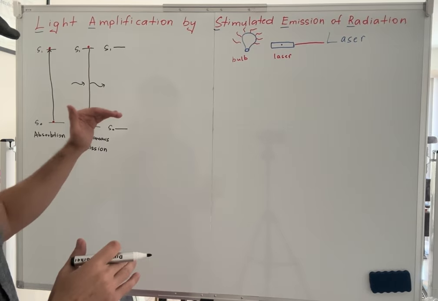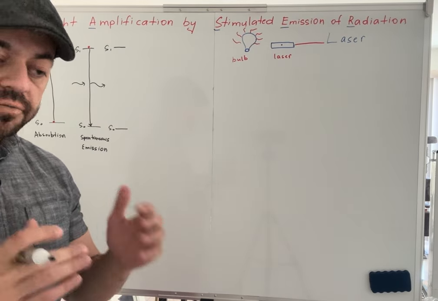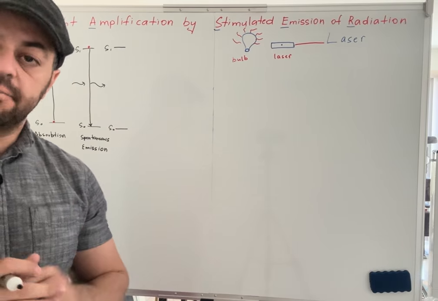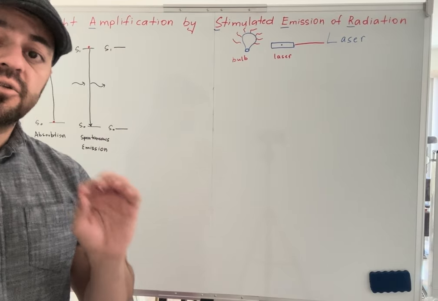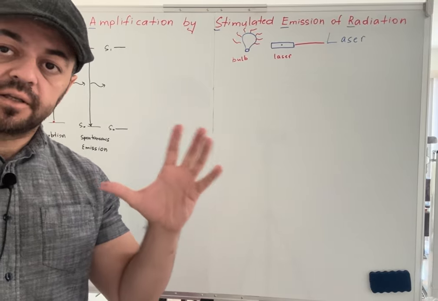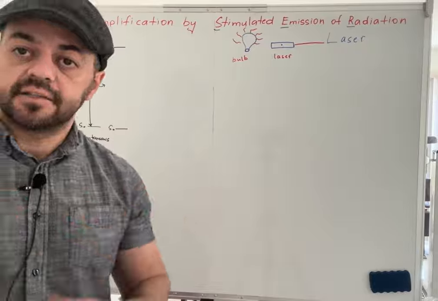So now the third mechanism we're talking about is stimulated emission. And that stimulated emission is actually very important during lasing. And that's the core, the main idea behind the lasing.